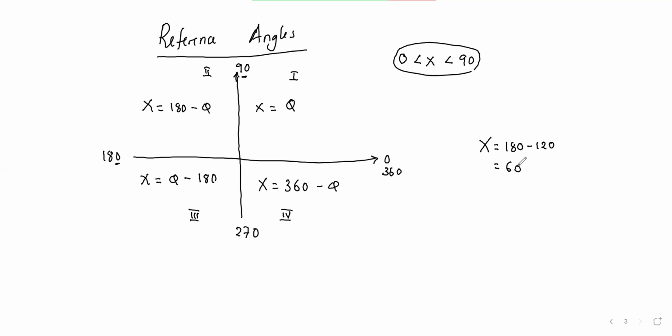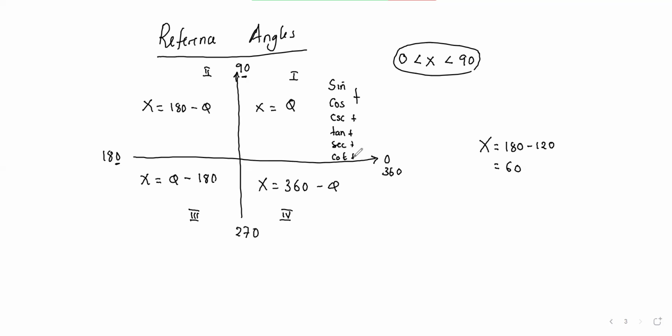So now, one more thing remaining. Sine, cos, and the others, what are their signs in each quadrant? In the first quadrant, sine and cos are positive. If these two are positive, then even cosec is positive, even tan is positive, even sec is positive, even cot is positive.